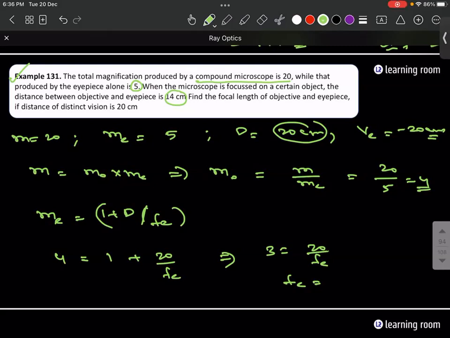So FE should be equal to 5 centimeters. So the focal length of the eyepiece is 5 centimeter. So focal length of objective should be less than this. Next.